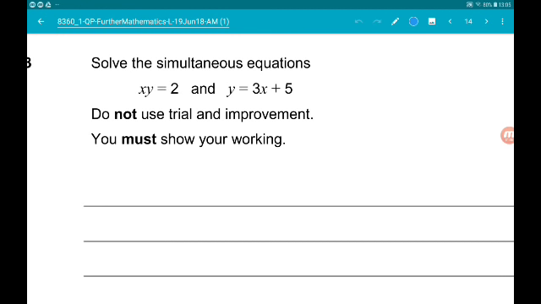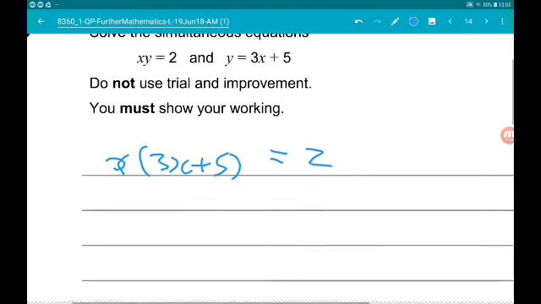So we're going to substitute y equals 3x add 5 into xy equals 2. So we know that x times y, but y is 3x add 5, is equal to 2.